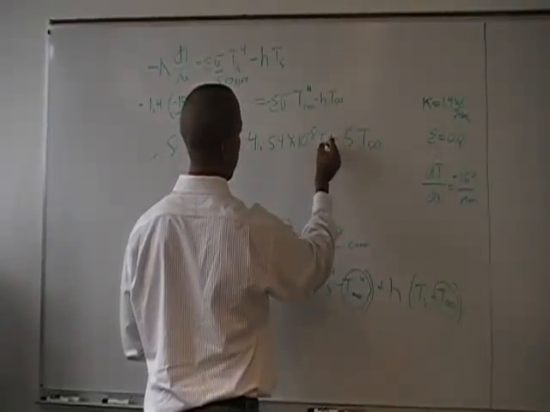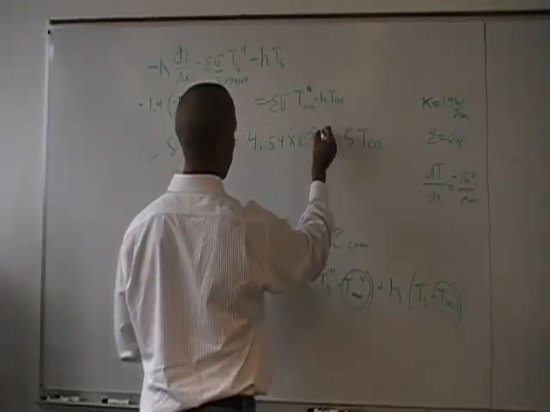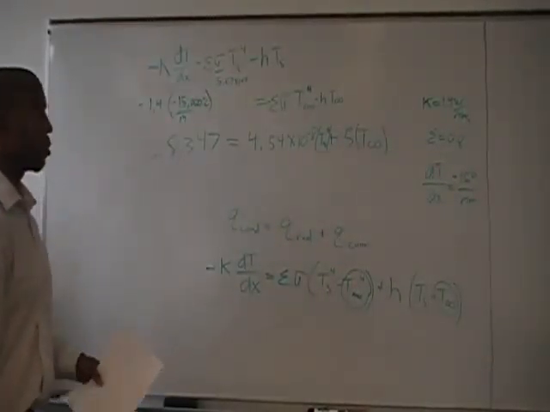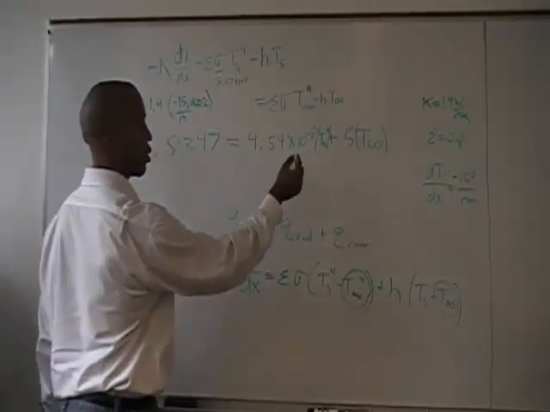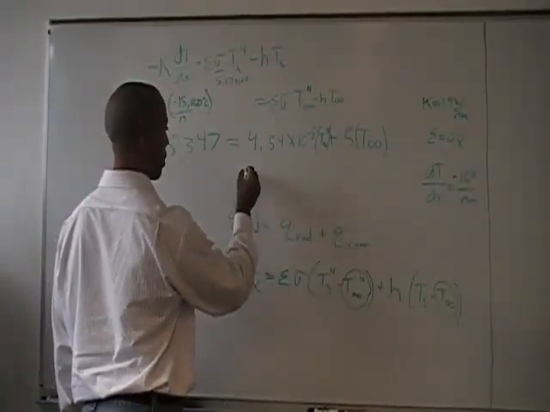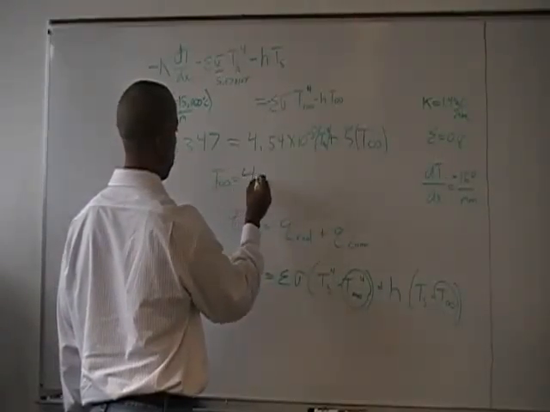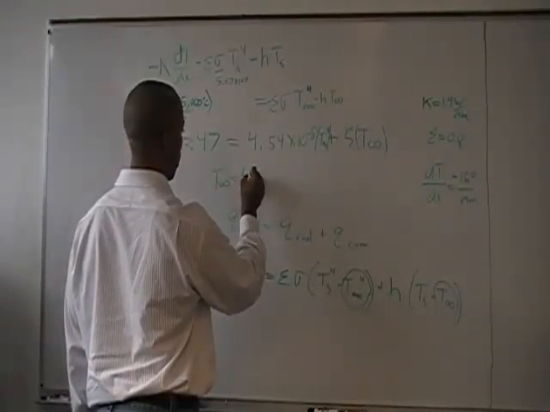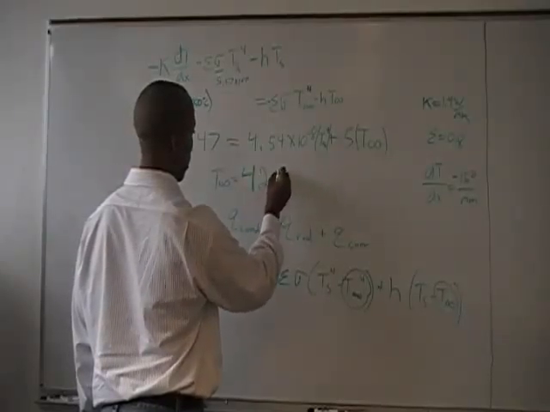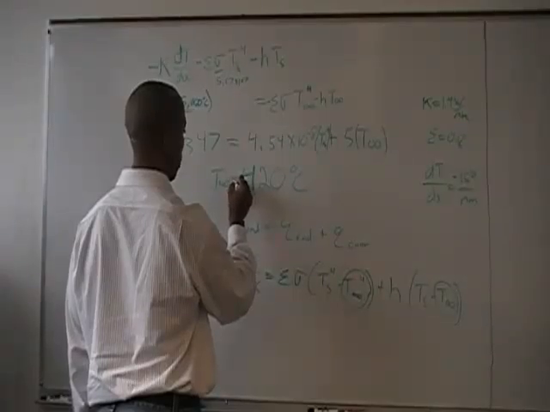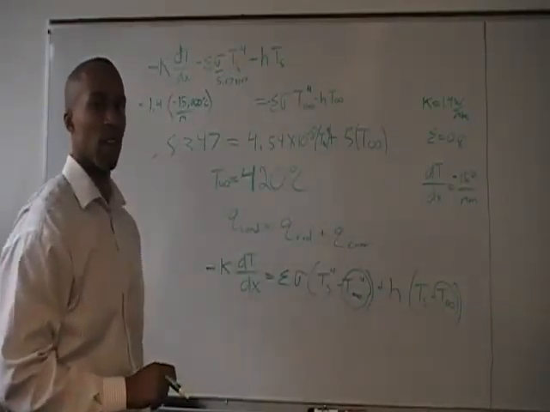So there's a T infinity to the 4th power here. There's a T infinity here. So we work through this, we do a trial and error solution, then we shall get that our T infinity equals 420 degrees Celsius, approximately. So that was what I got from my trial and error guess.